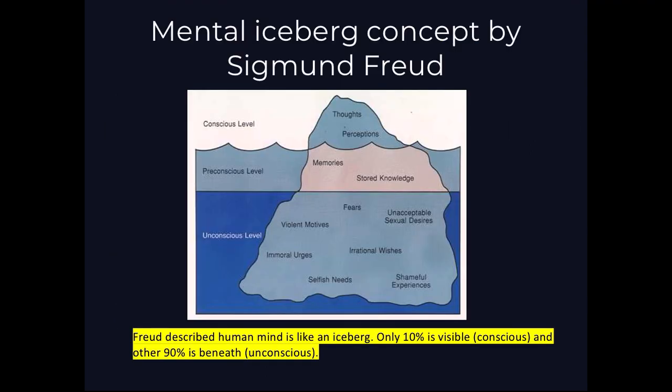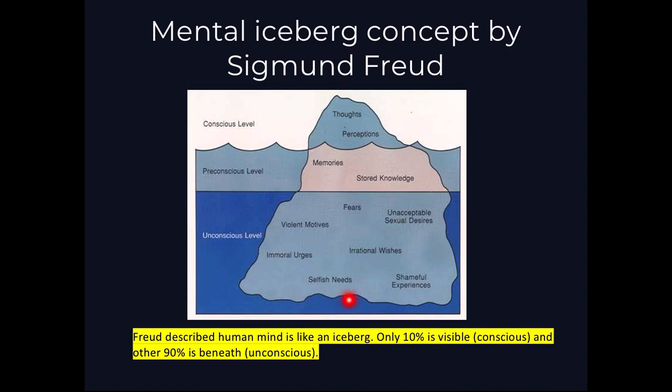So Freud used an iceberg to depict these 3 levels. This is the conscious level, which are our present thoughts, our perceptions. This is the preconscious level, which are our memories, our stored knowledge. We can recollect them at any moment when we want.